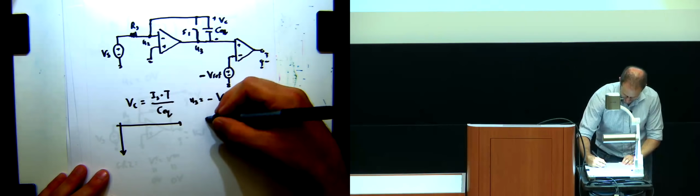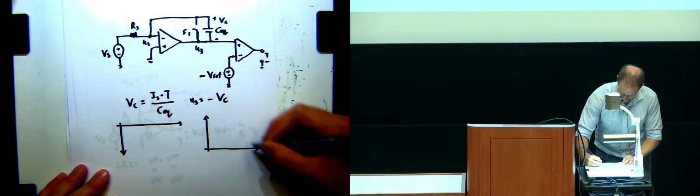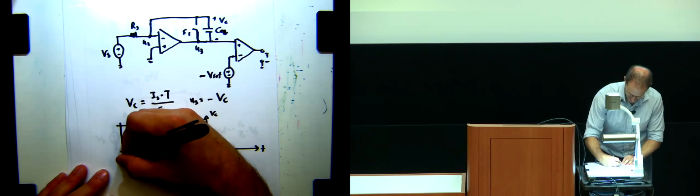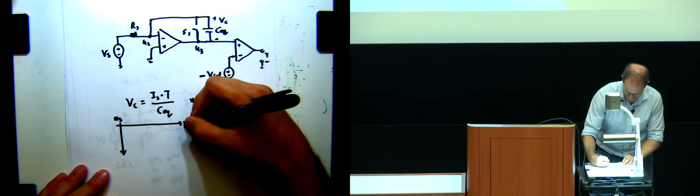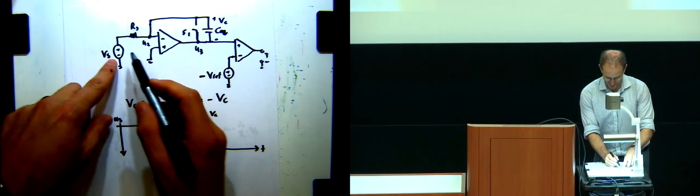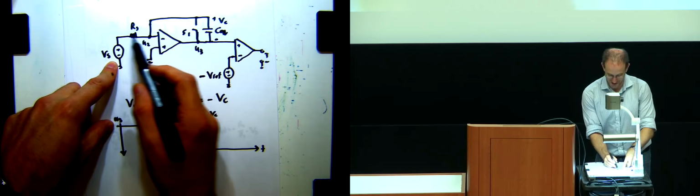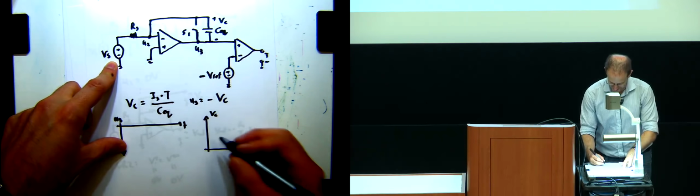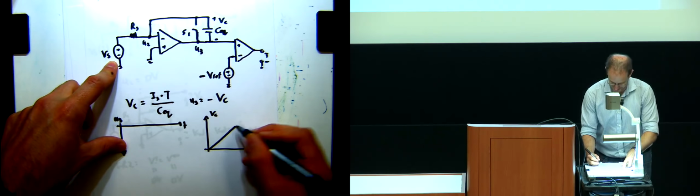So I'll do two plots. If I draw the voltage across the capacitor versus time, and U3 versus time, as we said before, these are just inverted from each other. Right when you start, I have some constant current flowing into the capacitor, so we'll get something that looks like this.